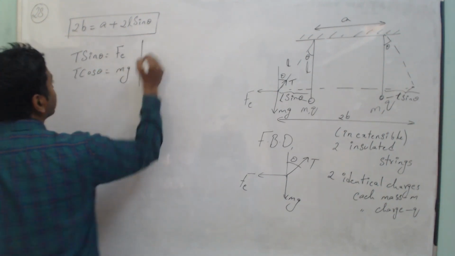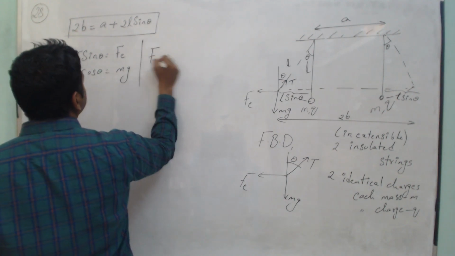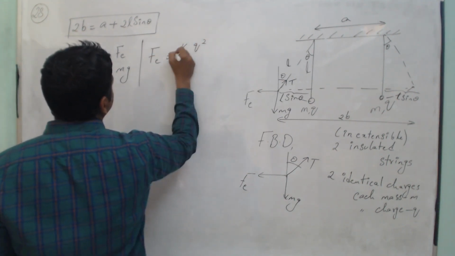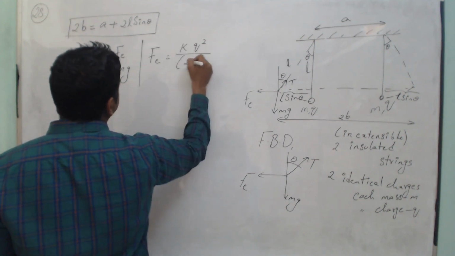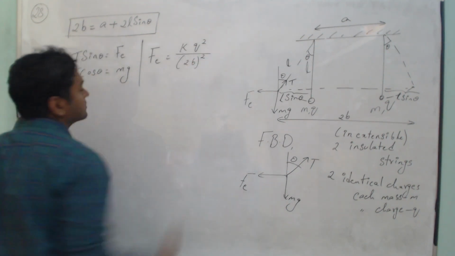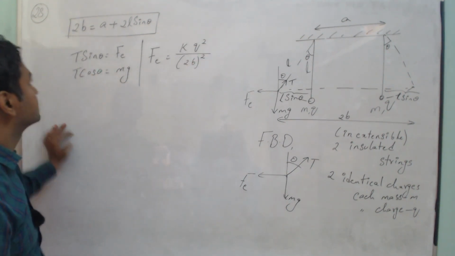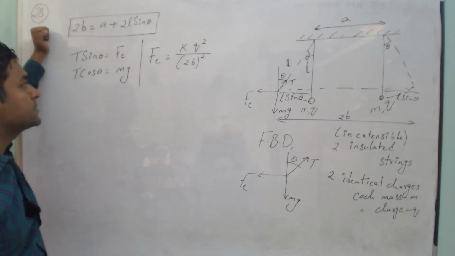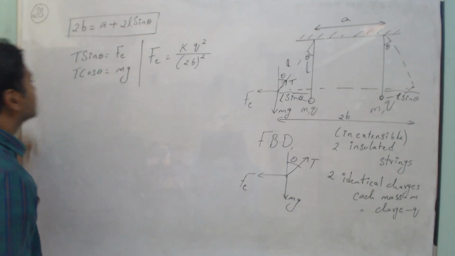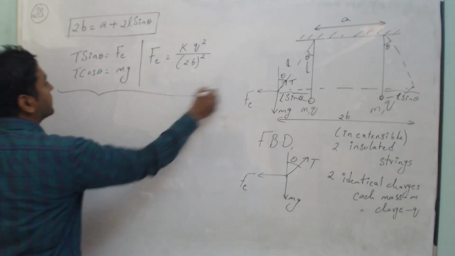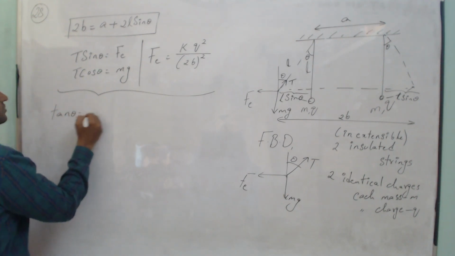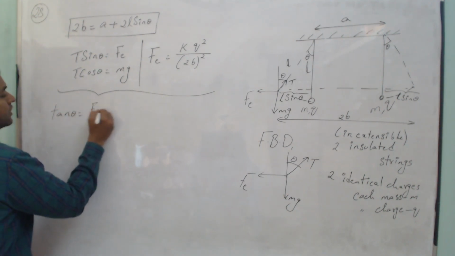Here I just want to write the electrostatic force as kq square by 2b whole square, the distance between them whole square. That's the reason I have written the first equation.